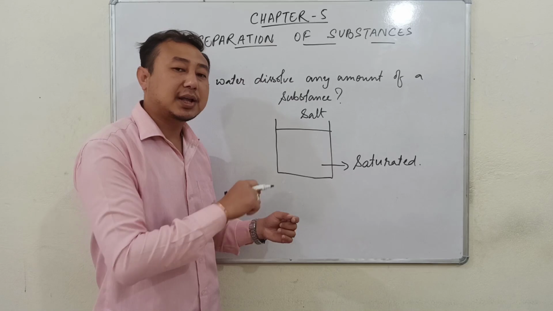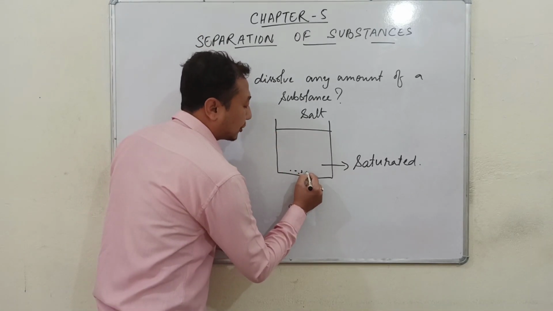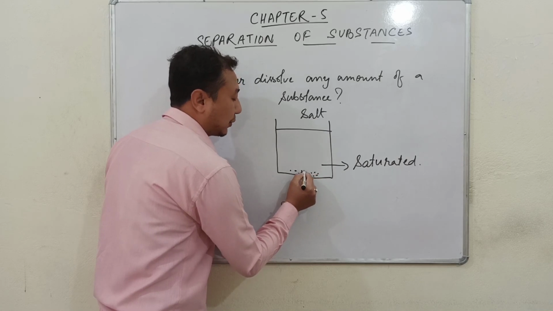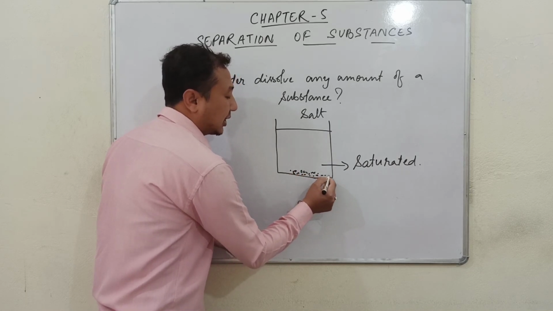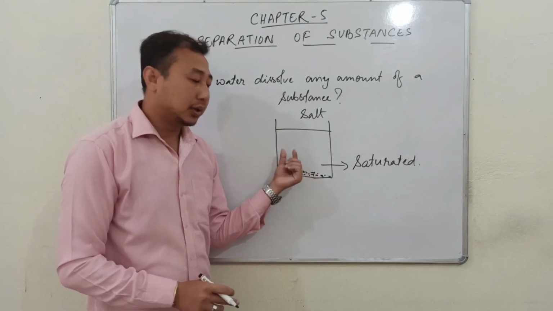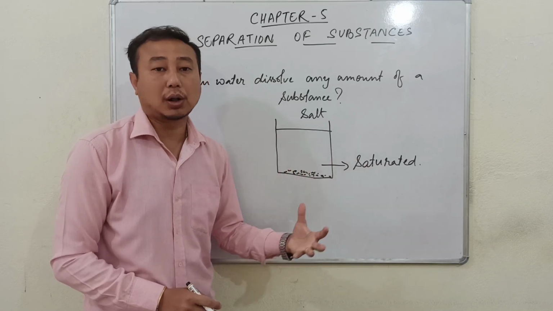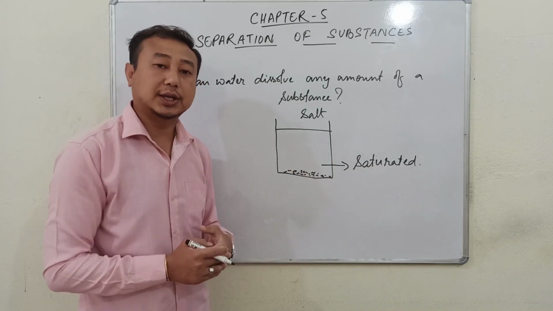During that time, it doesn't matter whether we stir the solution well or not, there will be some amount of salt or solid that is left at the bottom of the container undissolved. This undissolved solute that is present in this saturated solution can be made to dissolve by applying extra heat energy.